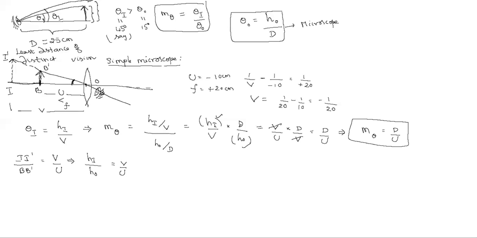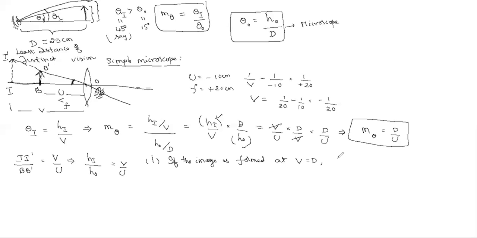And in this case, if the image is formed at the least distance of distinct vision, conditions apply. First condition: if the image is formed at the least distance of distinct vision, V is equal to D. Then what will be the angular magnification?